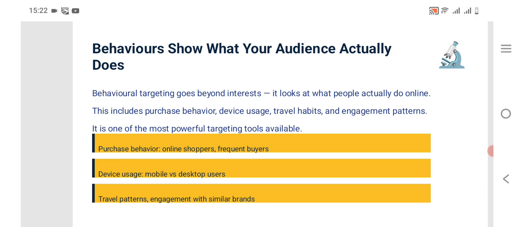Behavioral targeting goes beyond interest. It looks at what people actually do online. As you can see, this includes purchase behavior, device usage, travel habits, and engagement patterns. So if you are someone that does buy something online, Facebook will be showing you advertisements of people running sales campaigns.